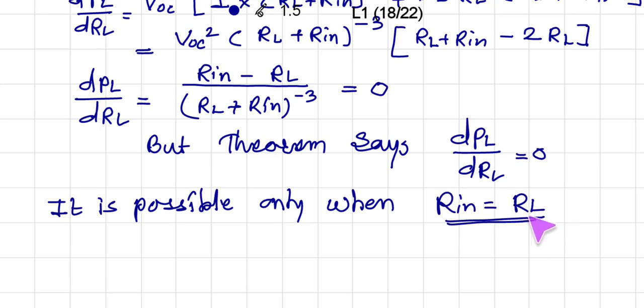See here, when Rin is equal to RL, this term goes to 0, that you remember. And this way we can say that the maximum power transfer theorem is proved.